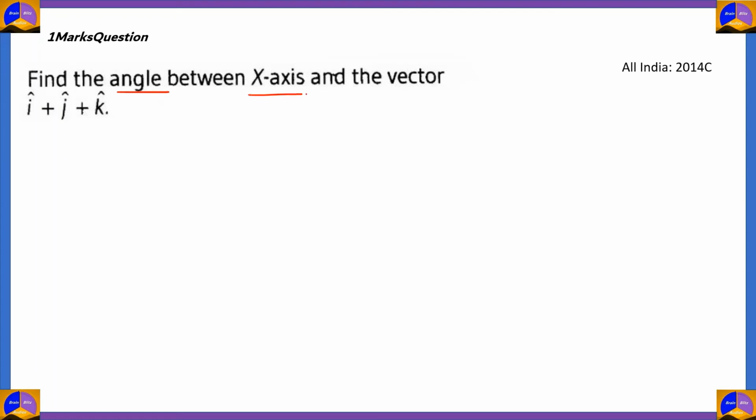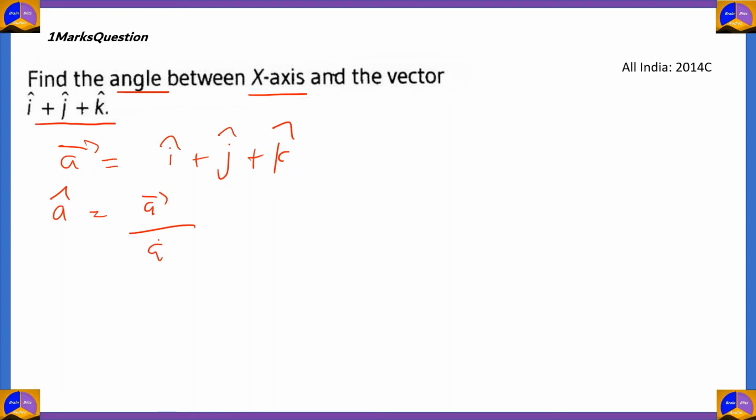Find the angle between the x-axis and the vector i plus j plus k. So we have vector A equal to i plus j plus k. We can find the unit vector a cap, which is vector a by the magnitude of vector a. Again, the magnitude of vector a is no big deal. All of the coefficients here are 1, the direction ratios.